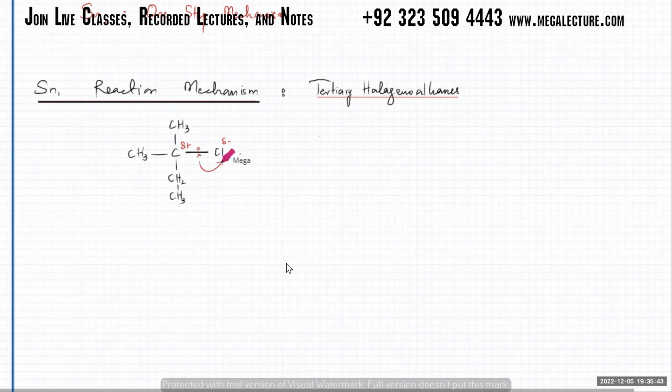Okay, there is no OH minus pushing from the other side, because the OH minus cannot even come close to this particular carbon atom. It's very hard for it to even reach it. So it breaks on its own. It's going to take a lot of time. So this is going to be the first step, a very, very slow step.